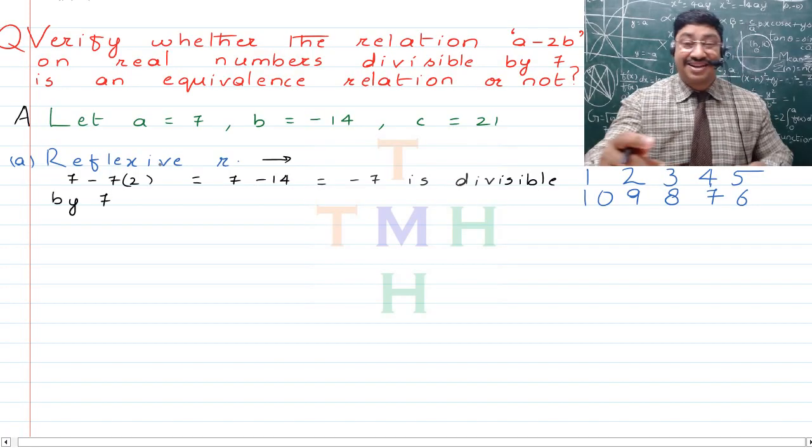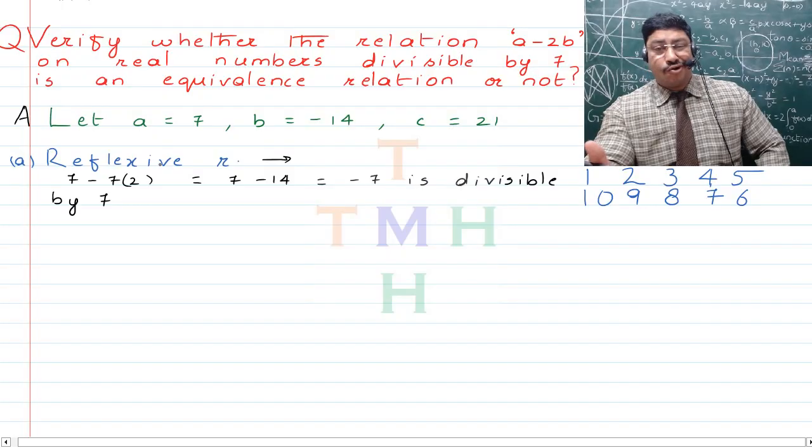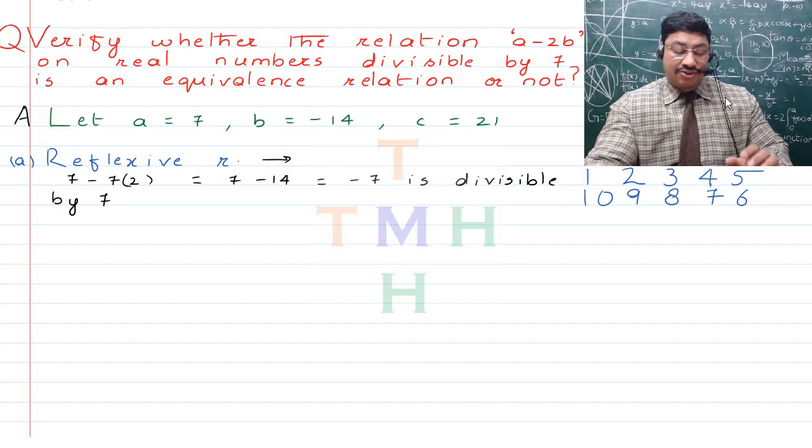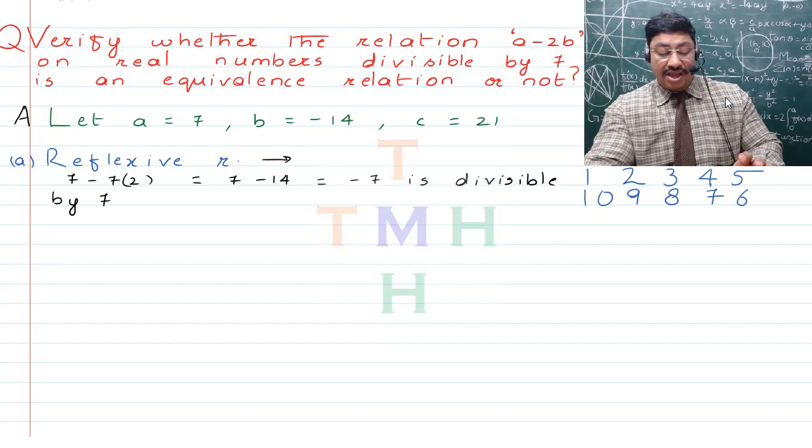It can be a negative number. On being cancelled it will come to a negative integer. Doesn't matter, even then you are left with no remainder, and that is the basic premise in trying to find whether a number is divisible by another number, right? So this, children, is the reflexive relation, where we try to find out whether the element has a relation with its own self or not.